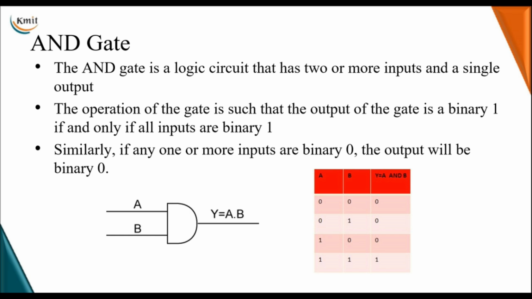Similarly, if any one input or more than one input is 0, the output will be binary 0. So only if all inputs are 1 will the AND gate generate an output equal to logic 1. If any input or more than one input is 0, the output of the AND gate will be 0.